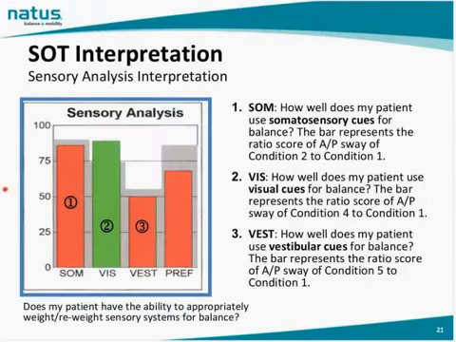The sensory analysis is intended to be a simple way to let the reader know what the relative contribution of the somatosensory, vision, vestibular, and visual preferences are in the management of this patient's balance control.